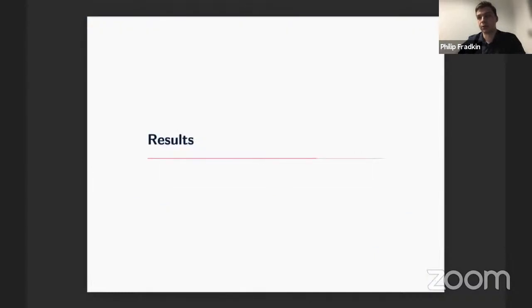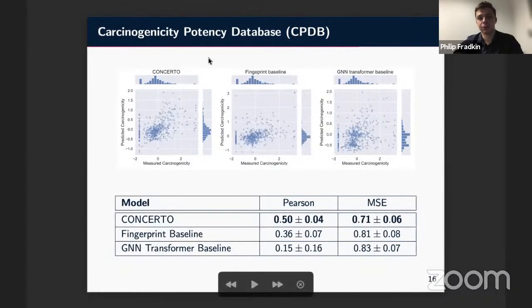So I'm going to talk about our results. First, we evaluated our model on the carcinogenicity potency database test set, and we have two baseline models. The first is a fingerprint baseline, so just the second part of our model, the fingerprint, as well as a multi-layer perceptron. And the other baseline is the Grover GNN transformer baseline, which is the first part of our model.